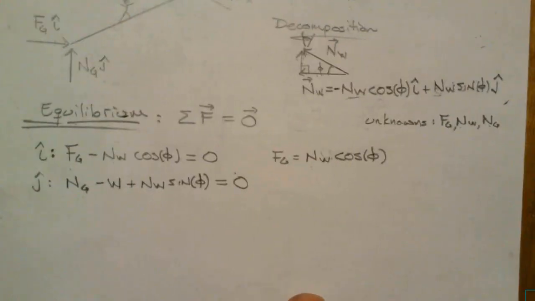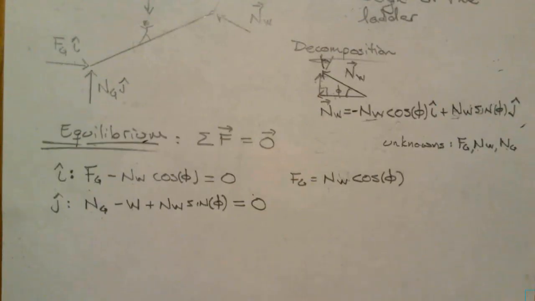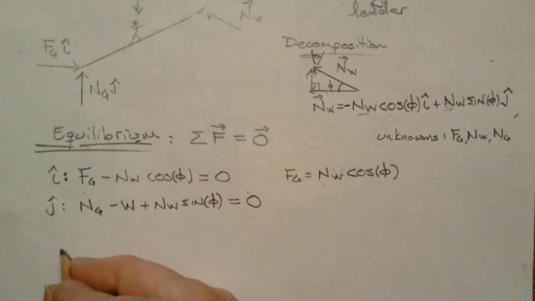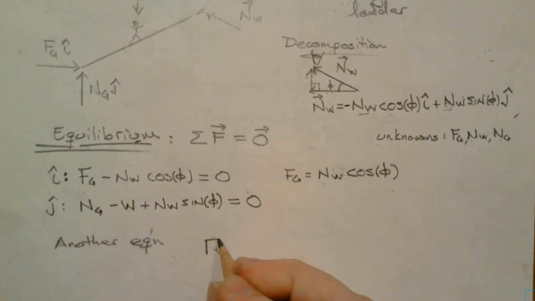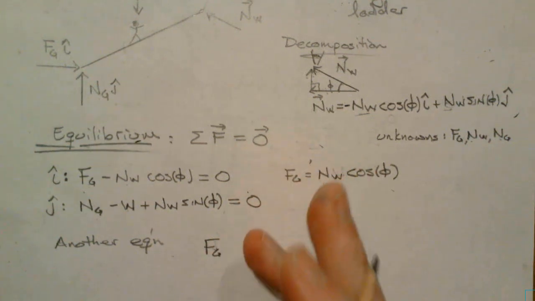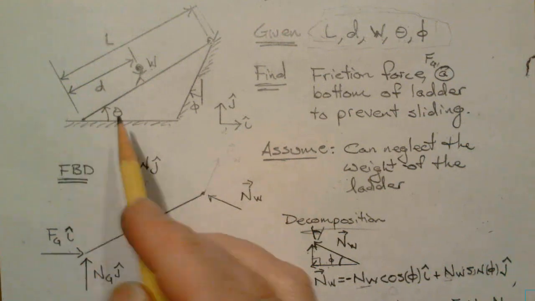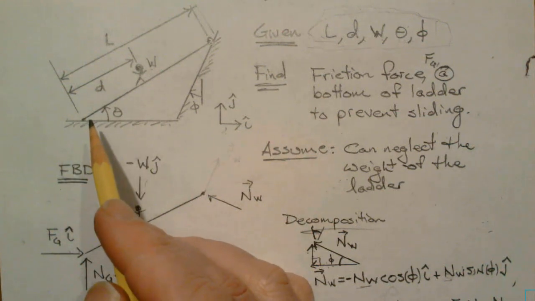Well, one suggestion might be to put our Coulomb friction model in. So another equation, let's say it this way, Fg, that's a friction force. What kind of friction is this? It's static friction. It's static friction because it's not sliding. It's just sitting there planted on the ground.